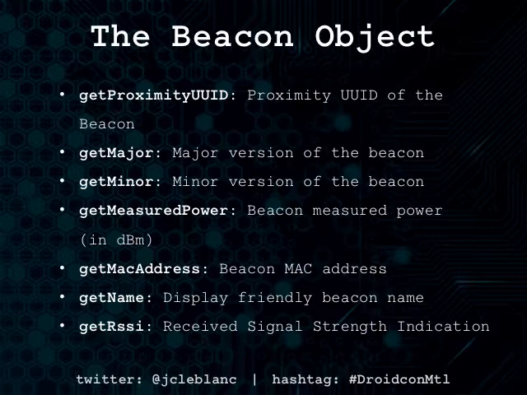The name would be whatever you set up in the cloud system, so a human-readable name, and then the received signal strength indication. The measured power is utilized to determine the proximity based on the approximate range.